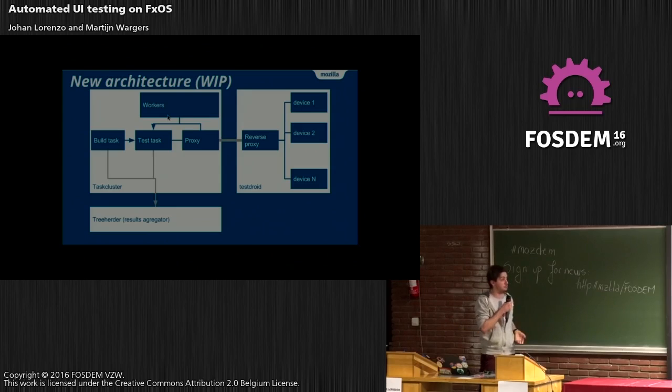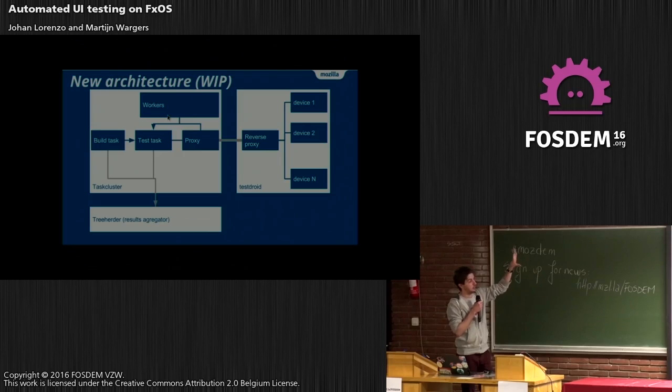So the test task has nothing to do with retrieving any job. This architecture is still a work in progress. We have some jobs available and publicly visible, but as you could see in the previous slide, it's still orange, so we have to fix a couple of race conditions and that kind of thing to, in the end, have everything visible.